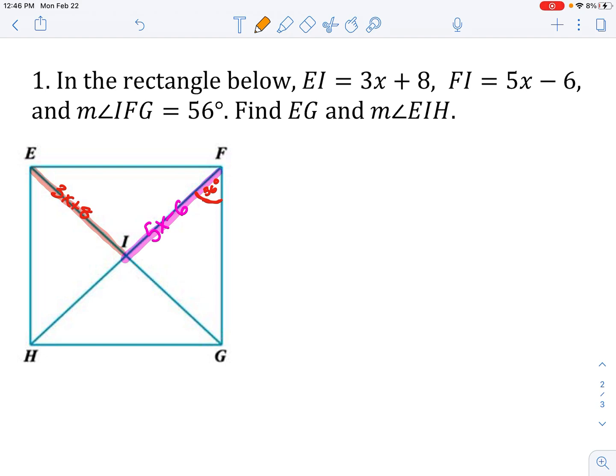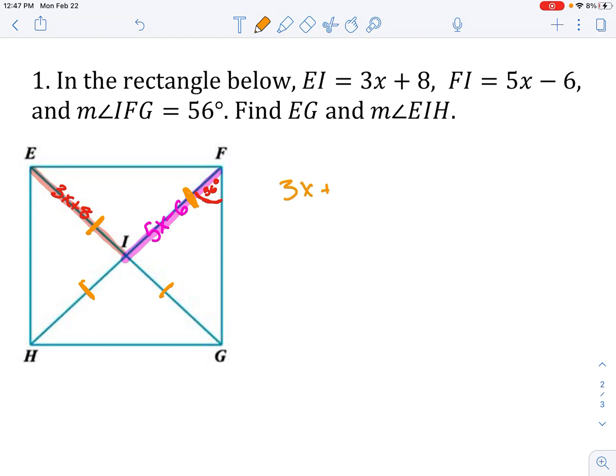First of all, I've got to set this up. And the way that I can set this up is by knowing that HF and EG are congruent. My 2 diagonals are congruent and they're bisected. I then can conclude that this and this are congruent. In fact, for a rectangle, all 4 of those diagonal pieces that are cut in half are going to be congruent.